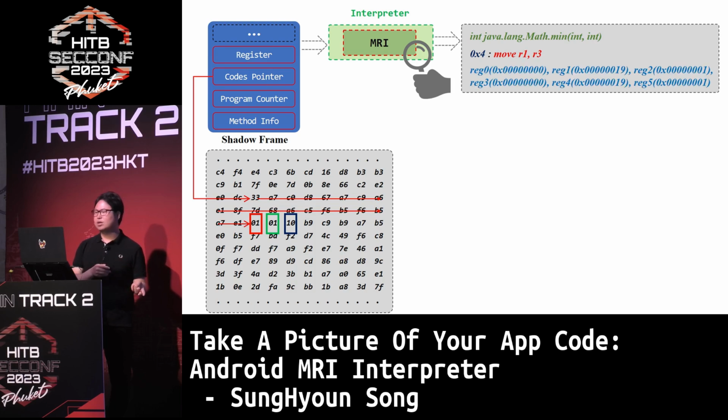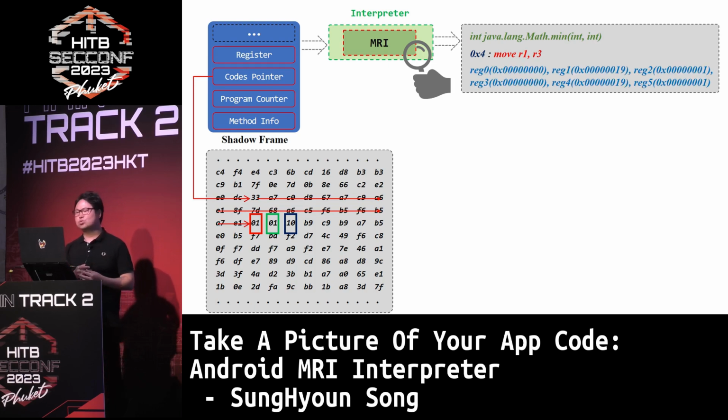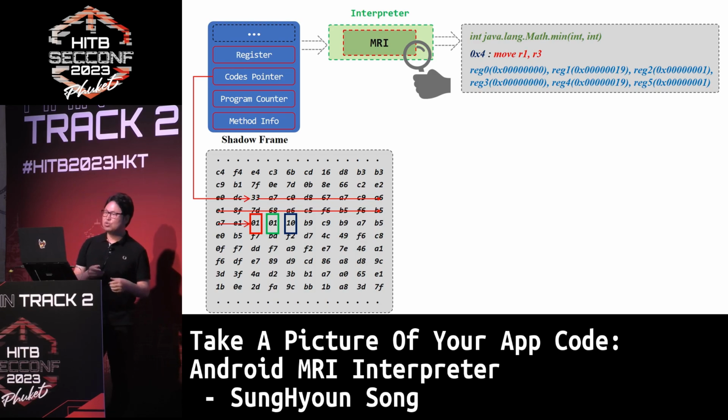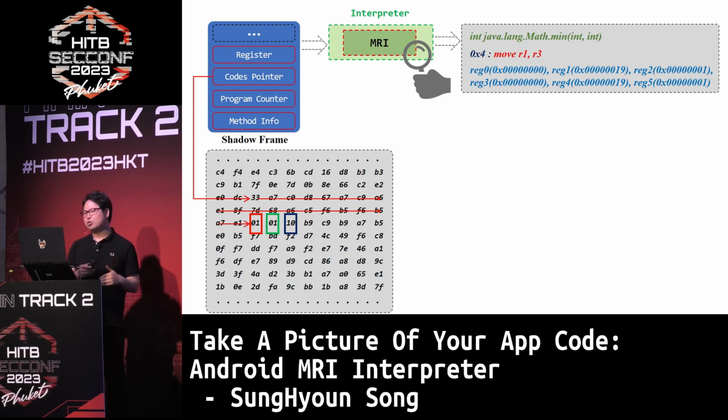And we can also use the information stored in the register object to identify the virtual register information that will be used during instruction execution. In conclusion, we can use the MRI interpreter to output all Dalvik instructions being executed in real time, as well as the register values being used at that time, and even modify them in memory if necessary.